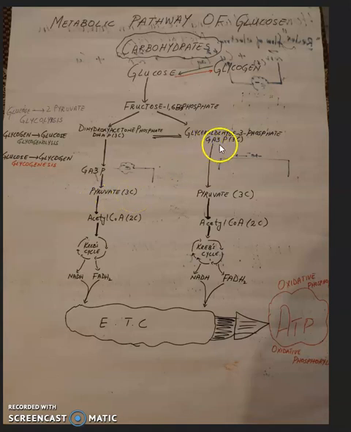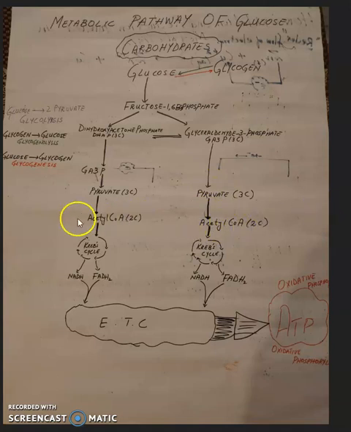Similarly, G3P, which is a 3-carbon compound, is also converting into pyruvate. Now pyruvate is converting into acetyl-CoA, which is a 2-carbon compound, and here also pyruvate is converting into acetyl-CoA, that is a 2-carbon compound.